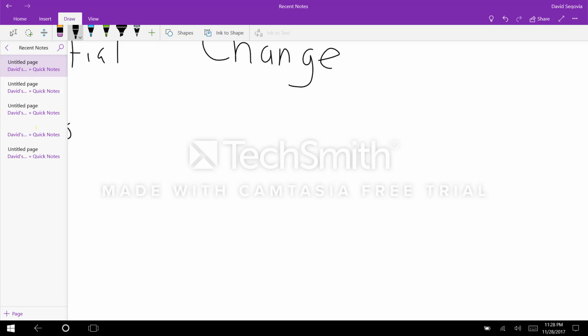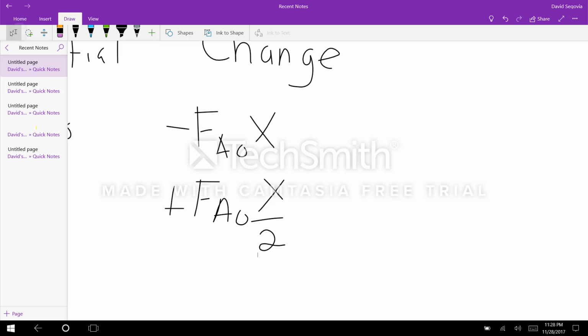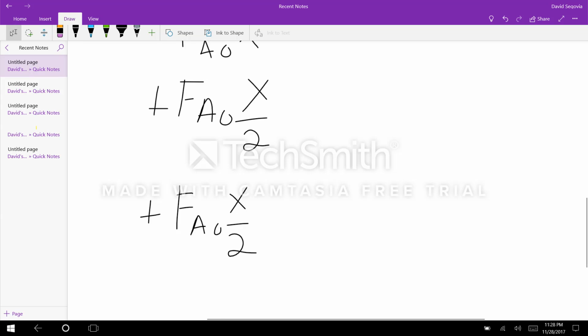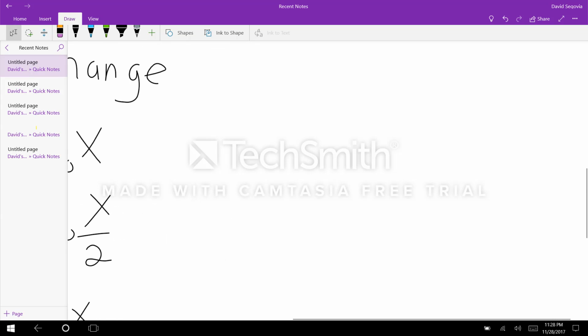So for A, we have negative FA naught times the conversion. For B, we have positive FA naught X divided by 2. And then finally for C, we have the same thing as we had for B, positive FA naught X divided by 2. Now we can proceed to write what we have remaining.